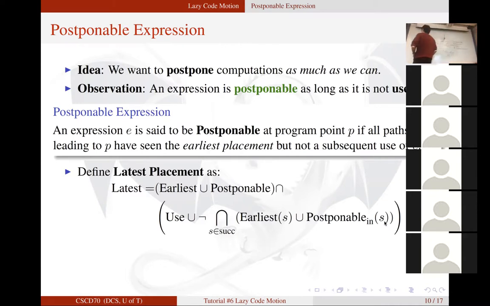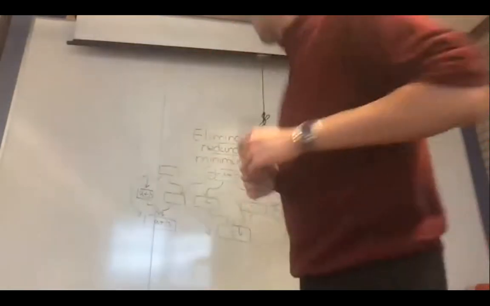Based on the definition of the postponable expression, we therefore define the latest placement, where we have a very complicated formula for this. But if you think about this formulation, it's actually relatively simple here.